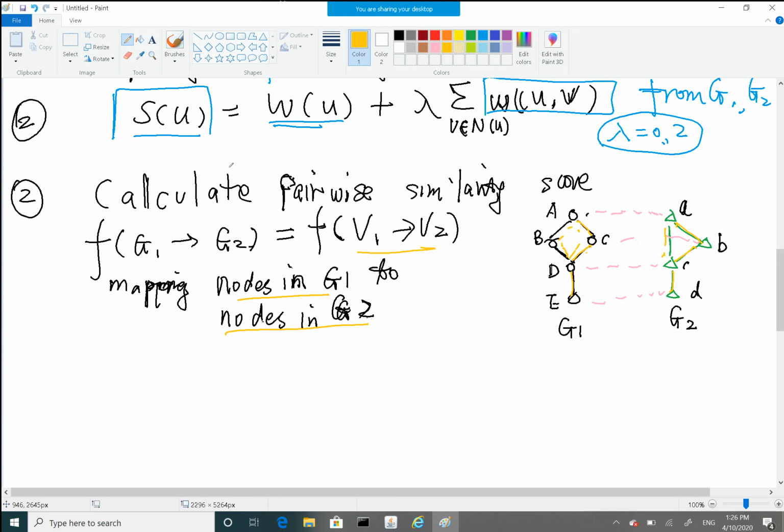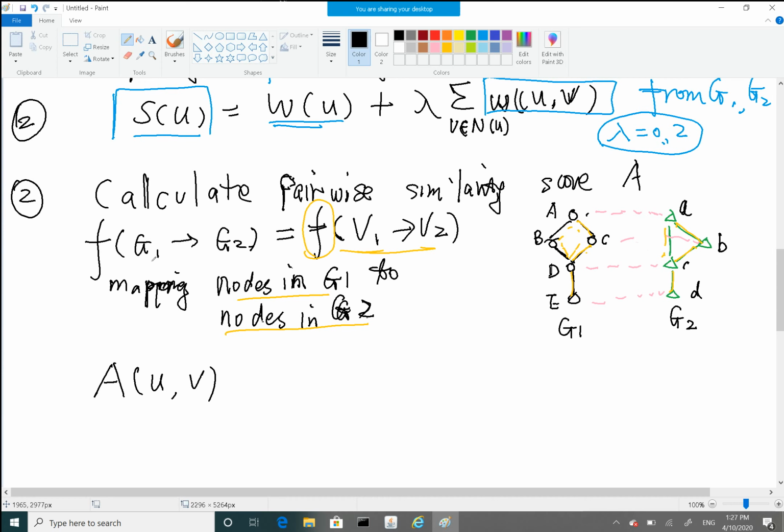We need to find the best mapping, find this function. Let's take a look at the formula. The author uses A to represent the mapping score. For each pair, we pick one node from one graph and map it to one vertex in another graph.